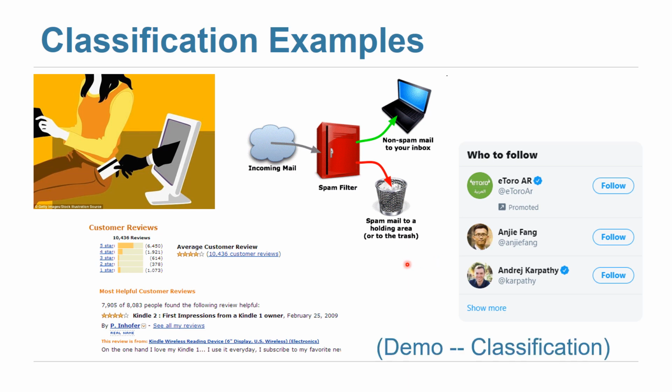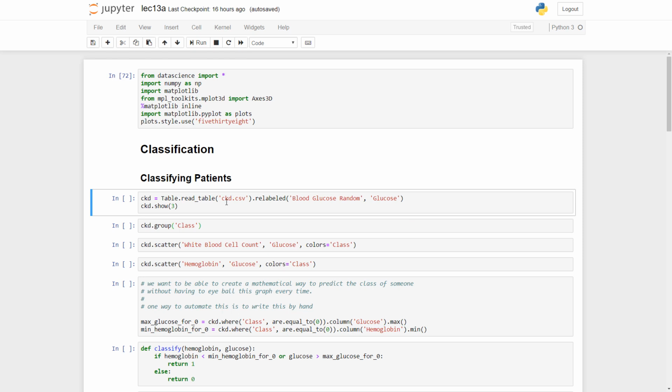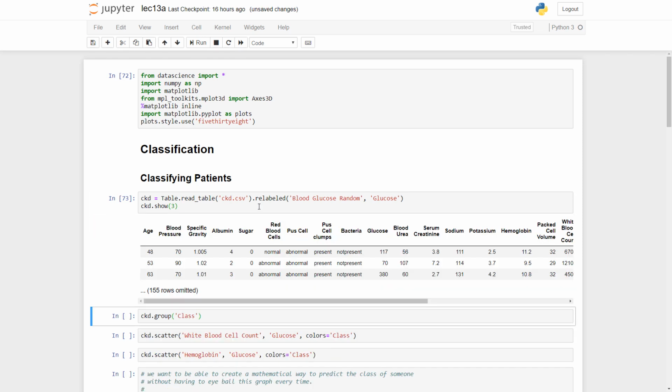So let's see a demo on two data sets for classification. The first example is about chronic kidney disease. This dataset has multiple attributes or features. Each row here is about one patient, and the columns are measurements from blood tests for that patient.